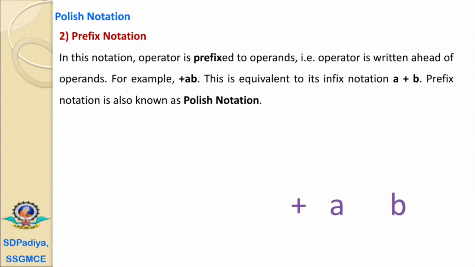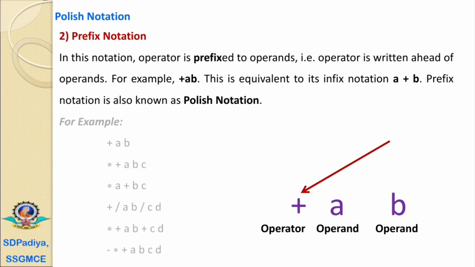If we have the example plus ab, here a and b are operands, and plus for addition is an operator. If the operator is written before the operands, that is, if the operator is at the pre-location of the operands, then we call it the prefix notation.